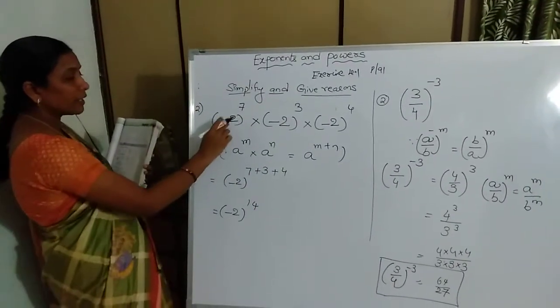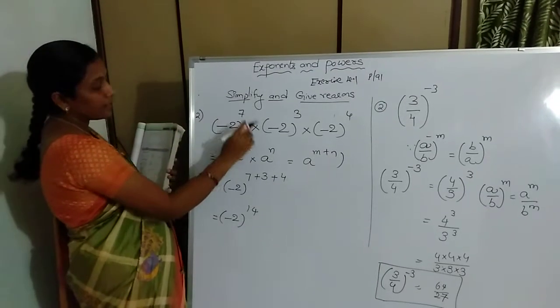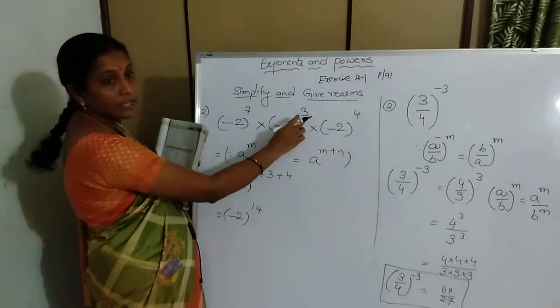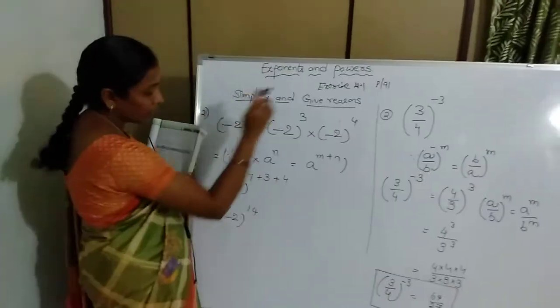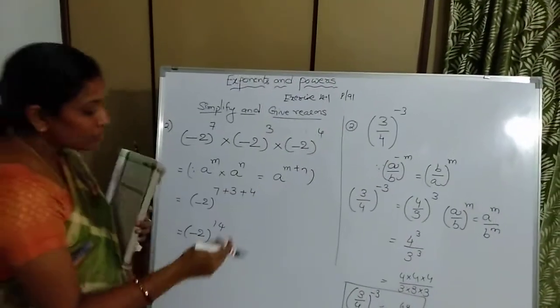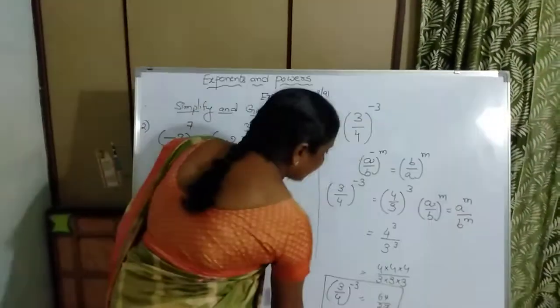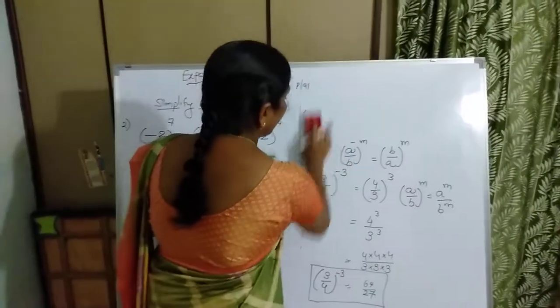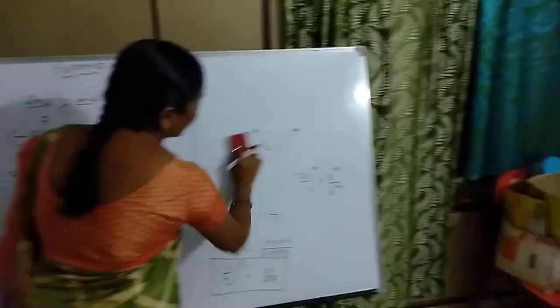So (minus 2) to the power 7 into (minus 2) to the power 3 into (minus 2) to the power 4 equals (minus 2) to the power 14, by using the formula a power m into a power n is equal to a power m plus n.